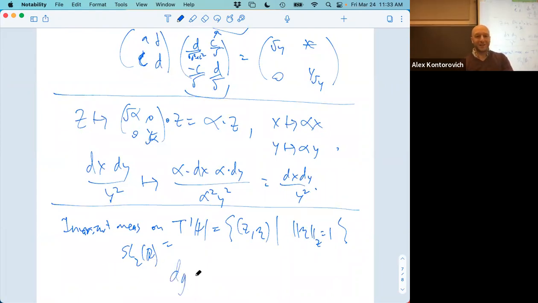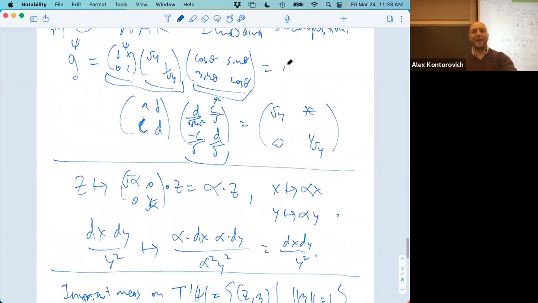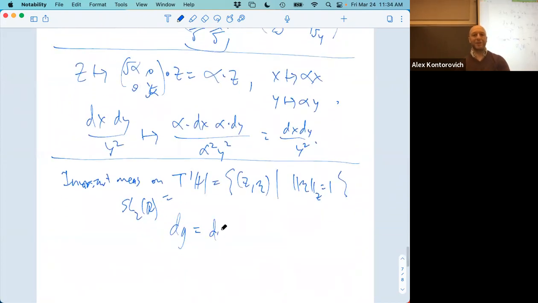So dg, we can write as dn dA dk. So this is an n, a, k decomposition. dg will be dn dA dk, where dn is dx, dA is dy over y squared, so that's our same dx dy over y squared, and dk is just d theta in this variable.